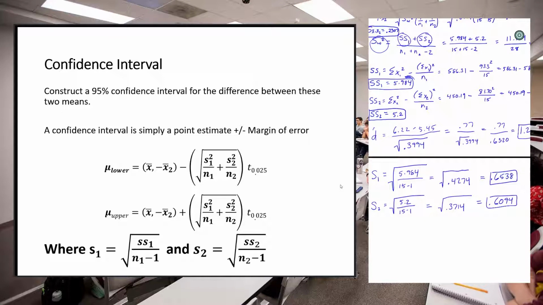Now we simply need to plug this into our equation for the lower and upper boundaries of the confidence interval.